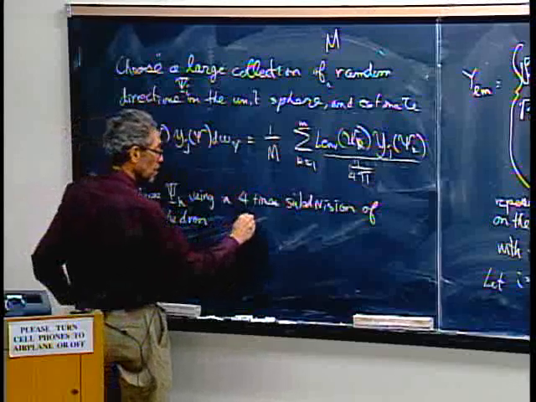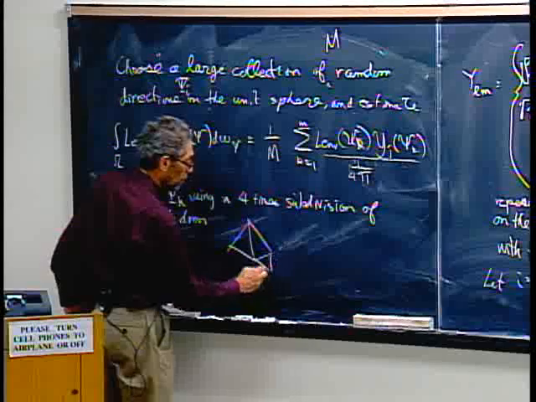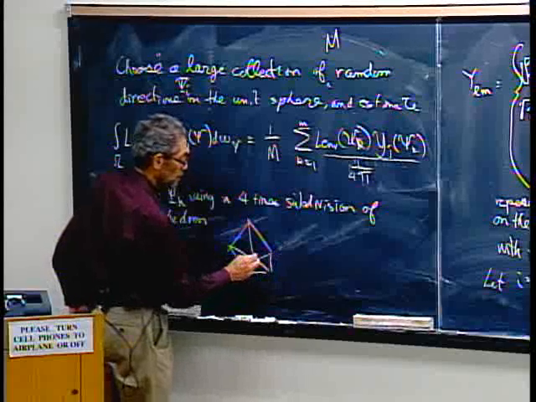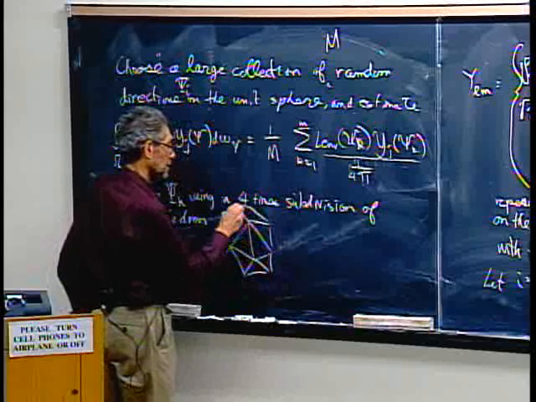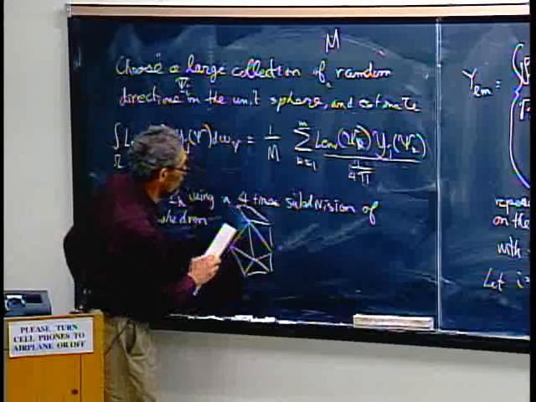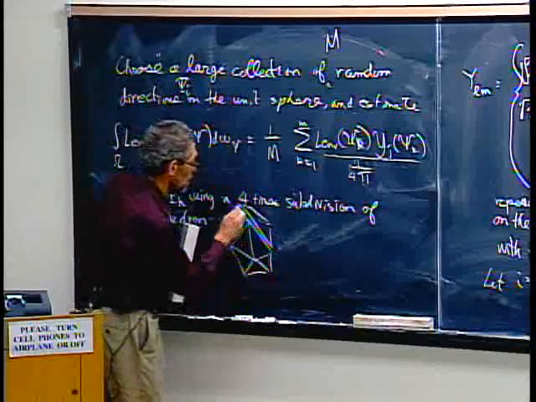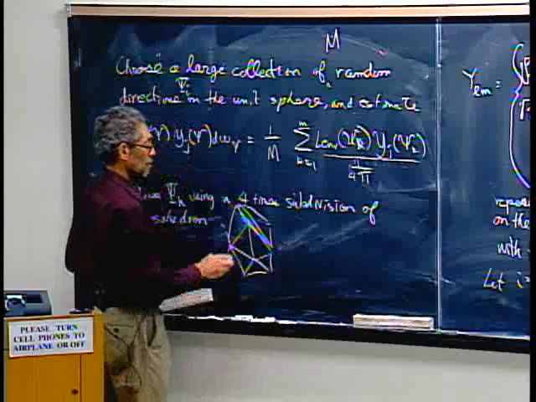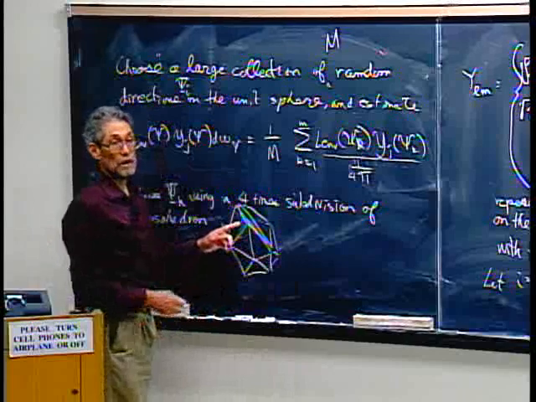So an icosahedron is a particular collection of 5 triangles at a vertex. I haven't drawn it very well, but I've got 6 on this vertex, something like that. It's this collection of 20 triangles that make a sphere.